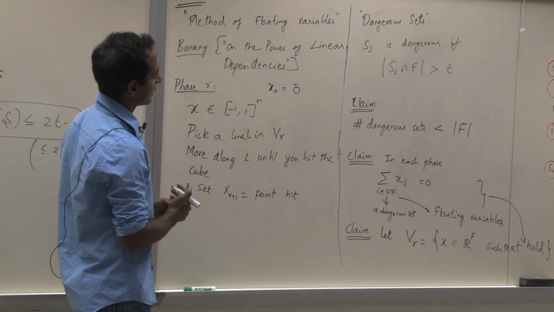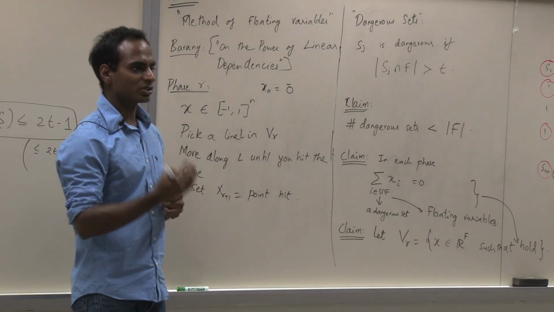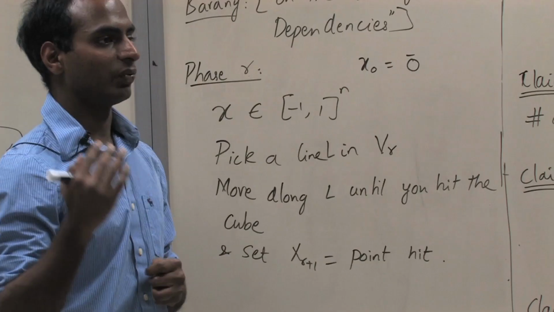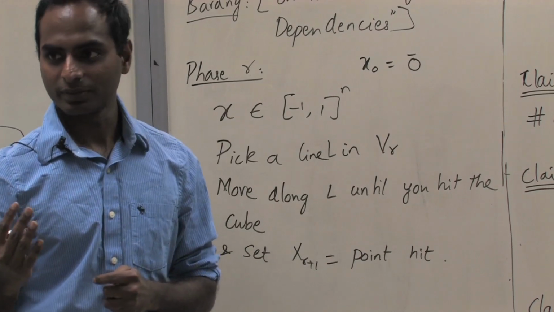And we need to change the set of floating variables now, because once you hit 1 or minus 1, we are never going to change that variable. So that variable will be frozen for us.